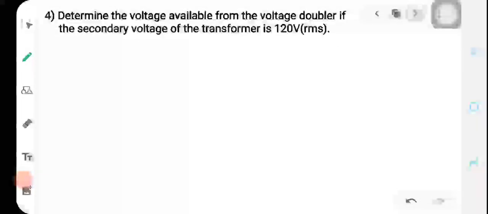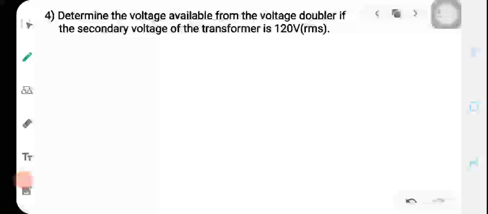This is another question. Let's read the question. Determine the voltage available from the voltage doubler if the secondary voltage of the transformer is 120 volt RMS. So you are asked to find the output of the voltage doubler if the secondary voltage of the transformer is 120 volt.